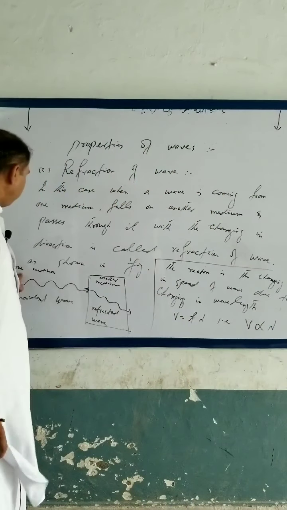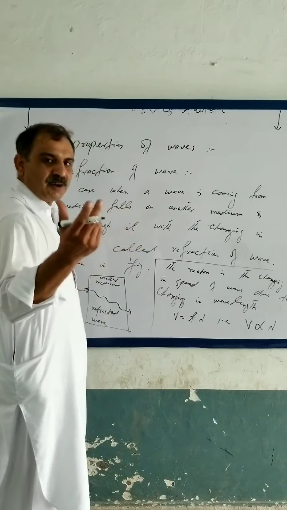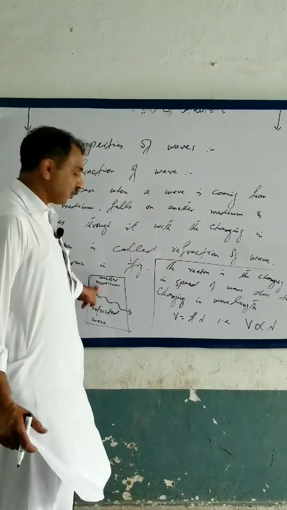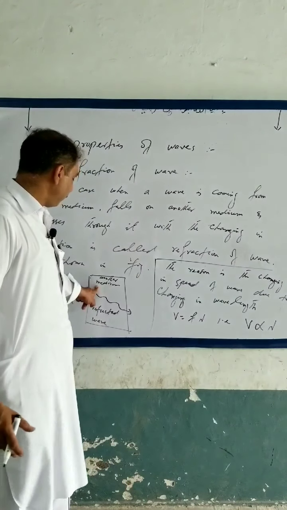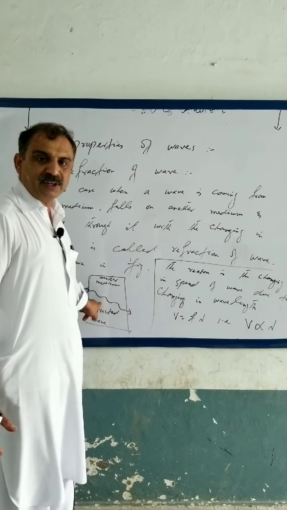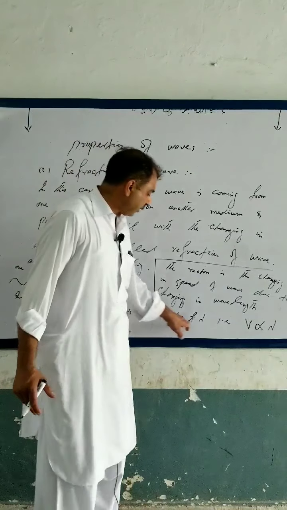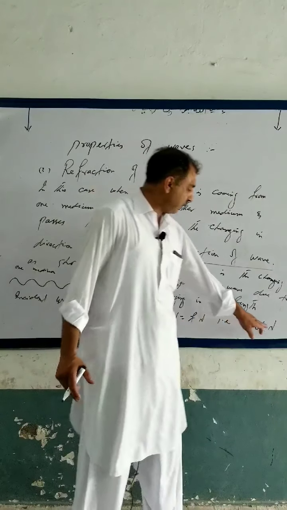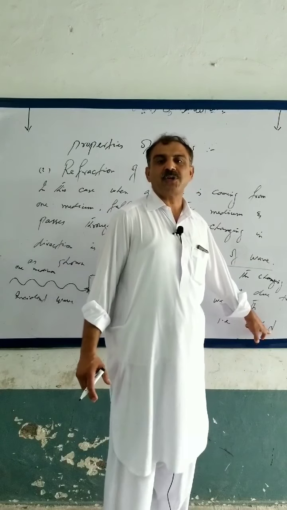So when this wave, which is coming from one medium, has some wavelength, passes through another medium, the wavelength changes, the wavelength decreases, and this change in wavelength causes a change in speed. So this mathematical explanation shows that as the wavelength decreases, the speed will also decrease.